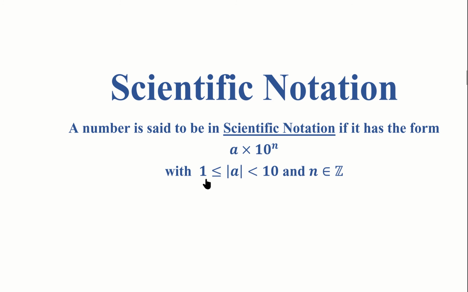On this other extreme here, 1.0001 satisfies the value for a. 0.99 would not, because it's not greater than or equal to 1. Okay, so any number between 1 and 10, including 1, excluding 10, can be here.